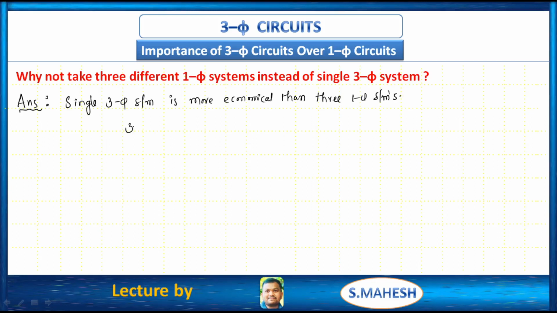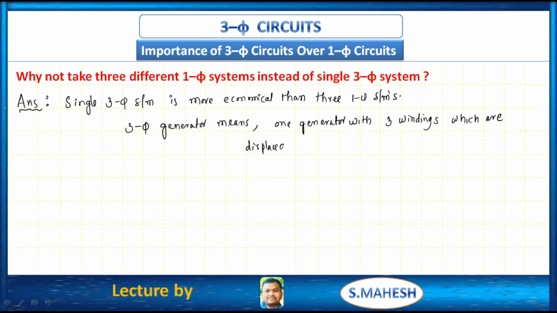Now we can write the 3-phase generator, which means one generator with 3 windings, right, which are displaced by 120 degrees.